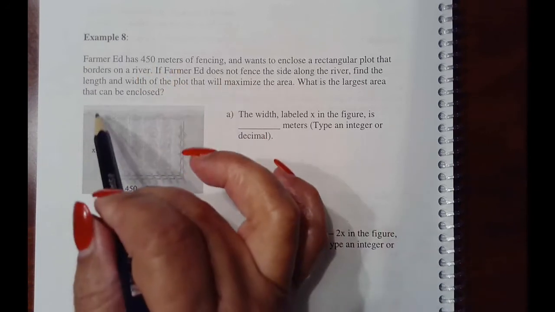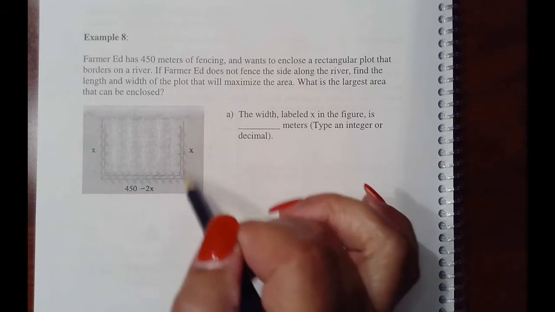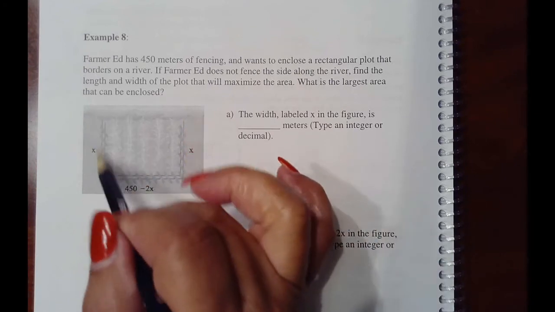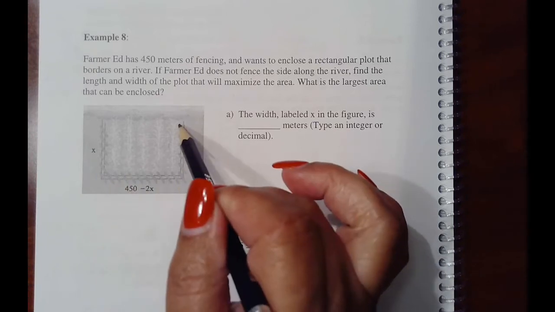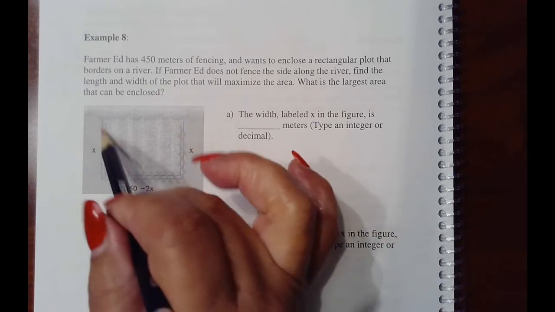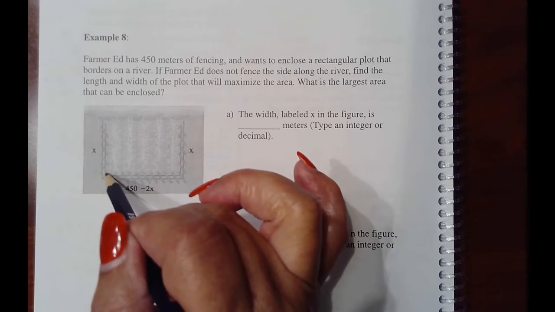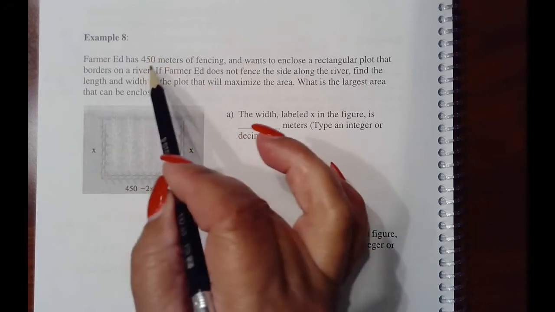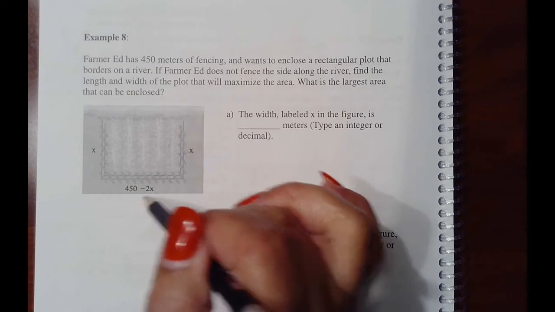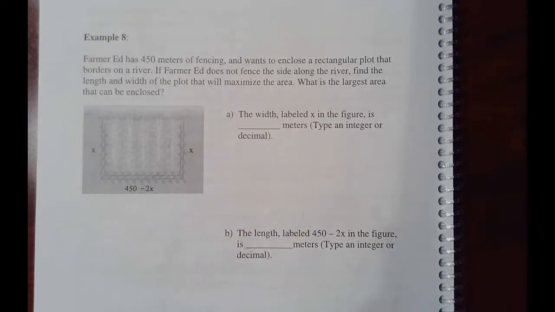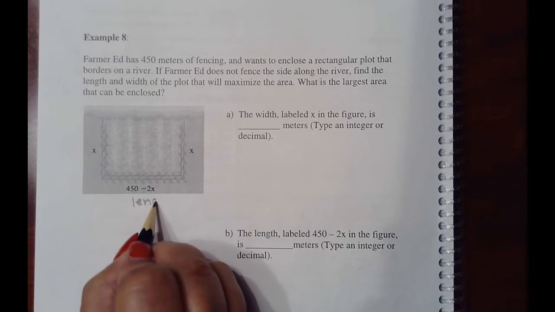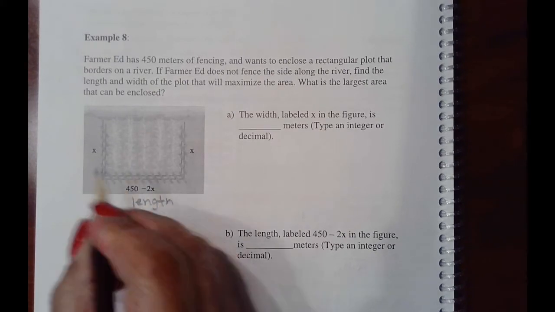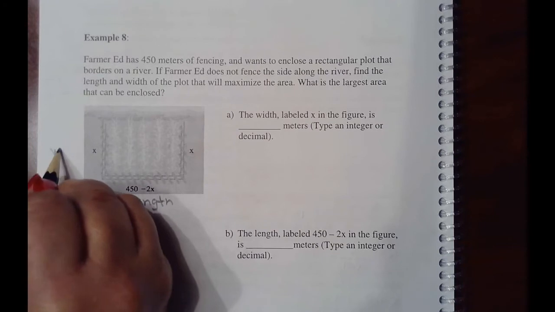We don't know how much he's going to lay across each of these widths. And the length, this is just what's left over after he uses x meters here and x meters here. Then what would be left over is the 450 that he started with minus 2x. So this represents your length. These x's represent the width.